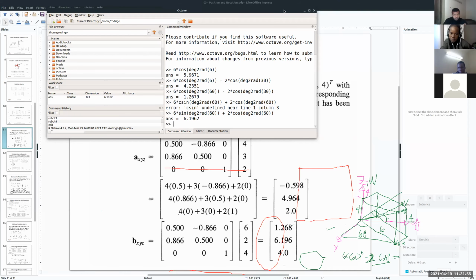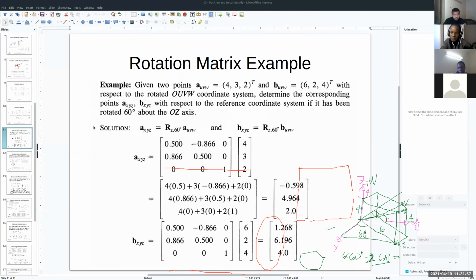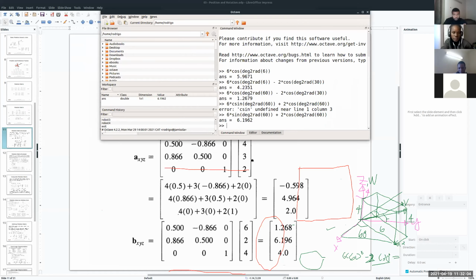So again, it is just a projection. You're computing the projections of the vector. So it's easy to see our own computation, because even if we don't look at the rotation matrix, we can just do the projections of the vector along the axis. But this is because the matrix of the basic rotation about the z axis is a simple matrix.